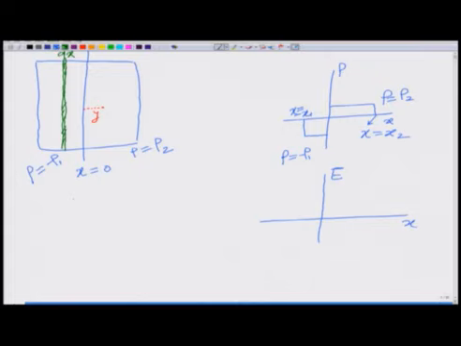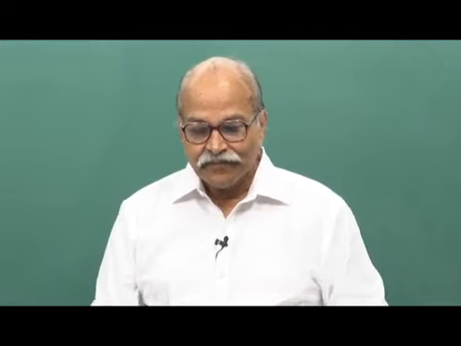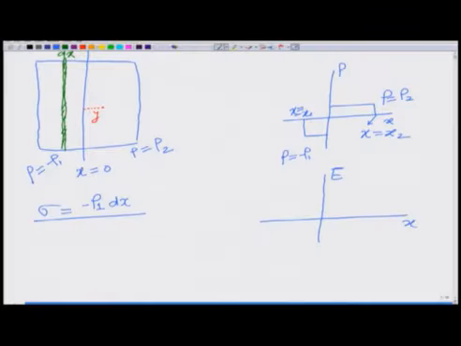So sigma will be rho, which is minus rho 1 here, so minus rho 1 times dx. I am treating this dx layer as a surface because the thickness is small. So how much charge per unit area is there, and because of that, what is the electric field at this point in front of the layer?